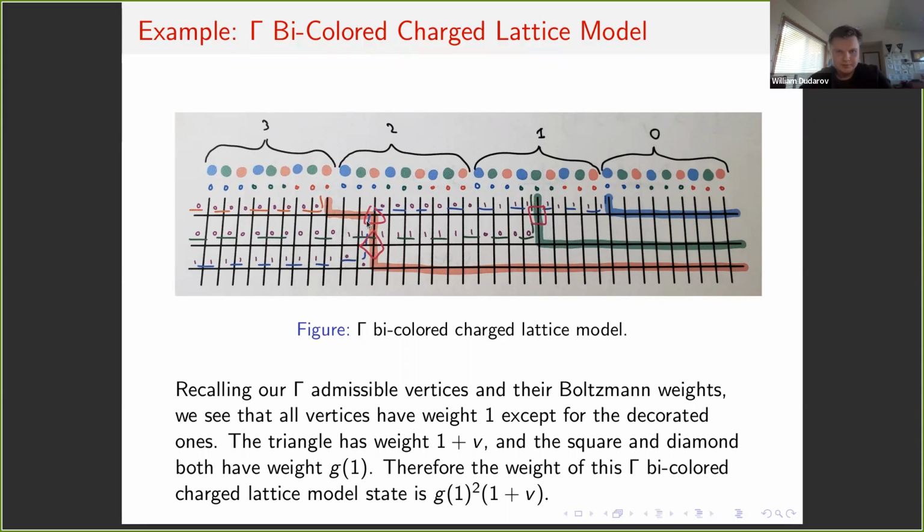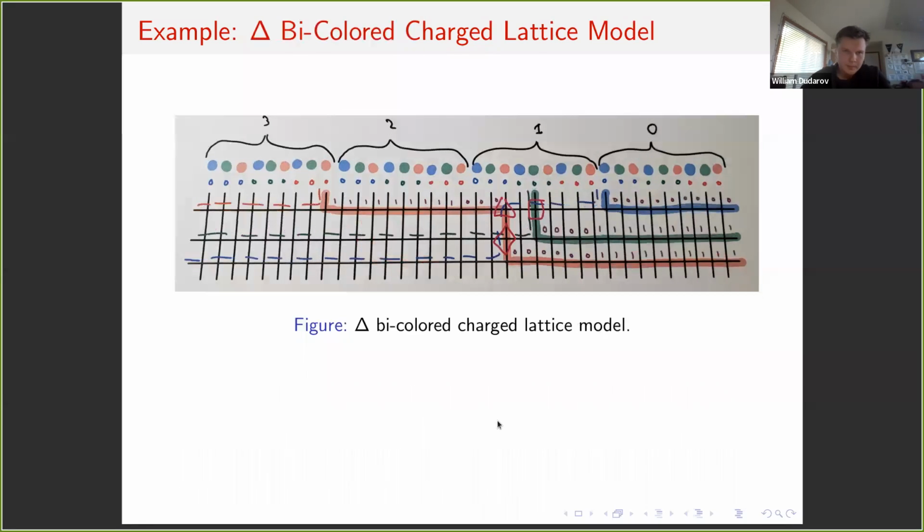The triangle here, if we go back and look at the chart again, has weight 1 plus v, and the square and the diamond have weight g of the charge. Therefore, the weight of this entire gamma bicolored charged lattice model state is g1 squared times 1 plus v.